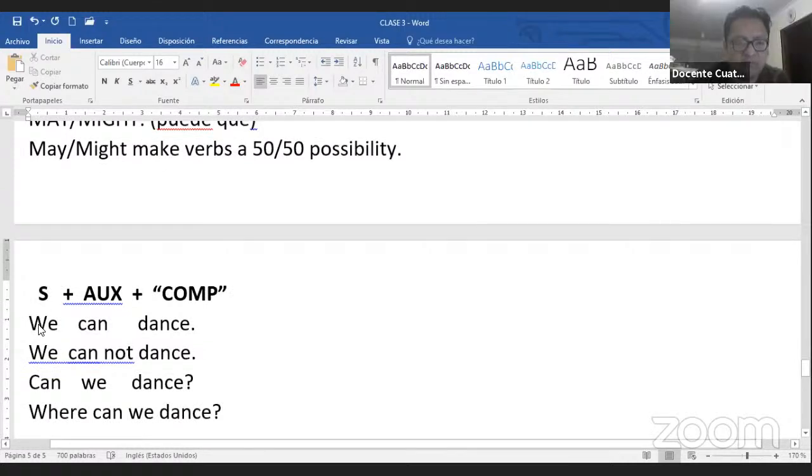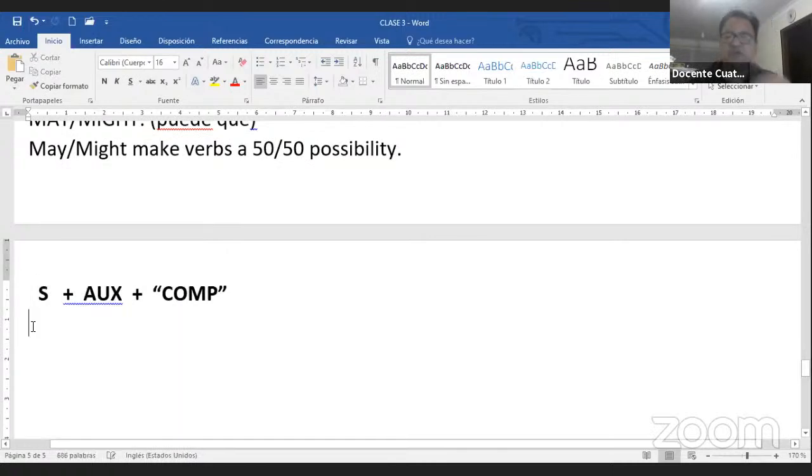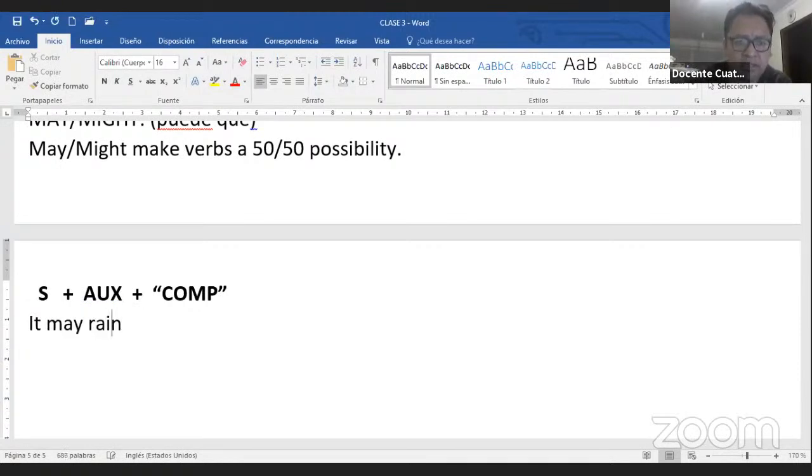Very good. For example, if you see the sky, el cielo, dark clouds, windy, nubes negras y está venteando, we could say it may rain.